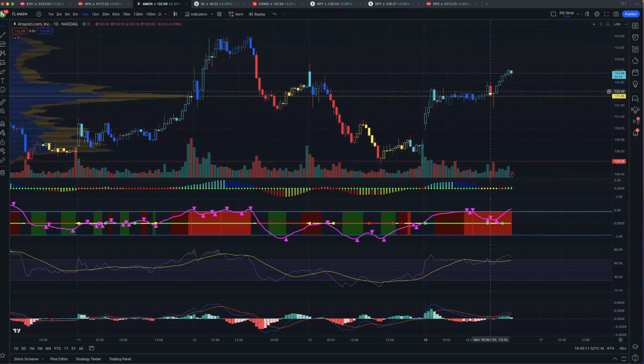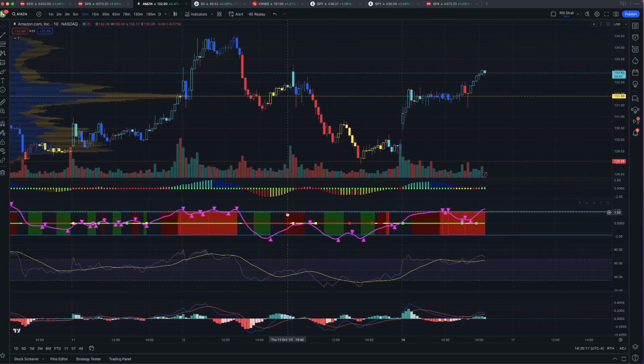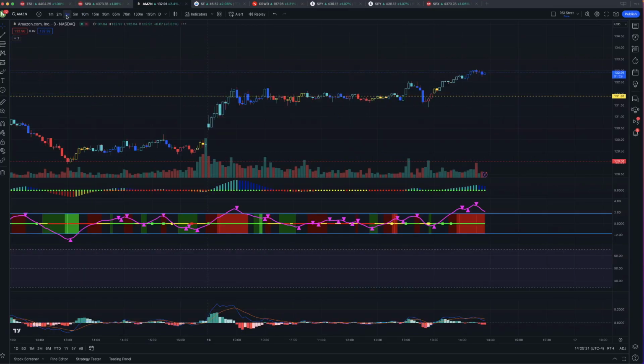Sorry, any other questions? It looks like, for instance, and this is Amazon, right? We are in an overbought position. MACD hasn't crossed yet, and we're still in these light blue momentum candles. But in this case, that's a 10-minute, sorry.